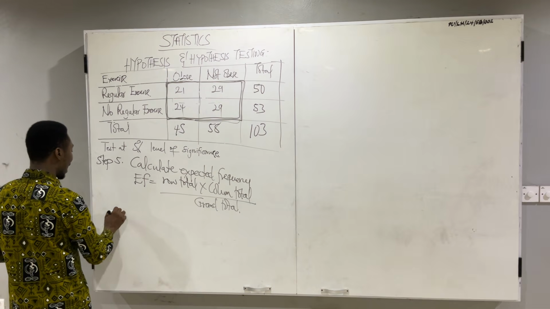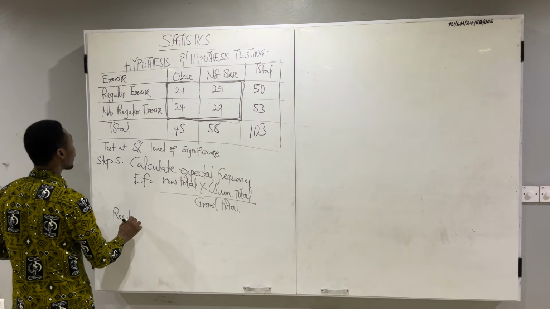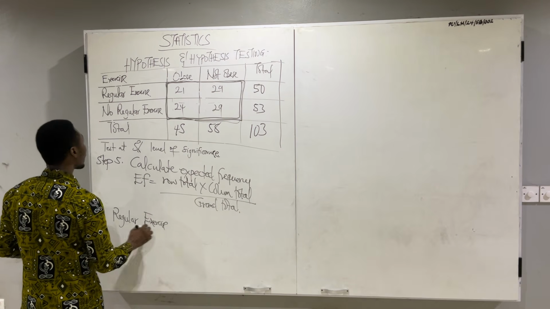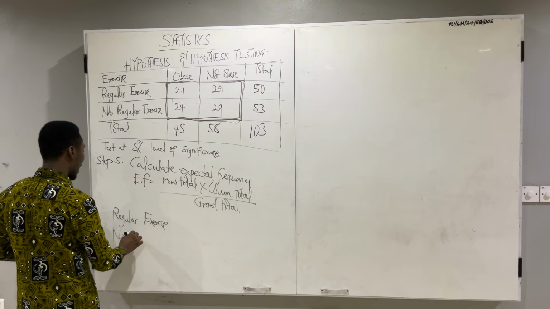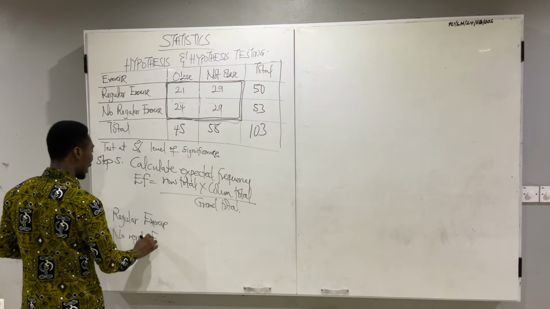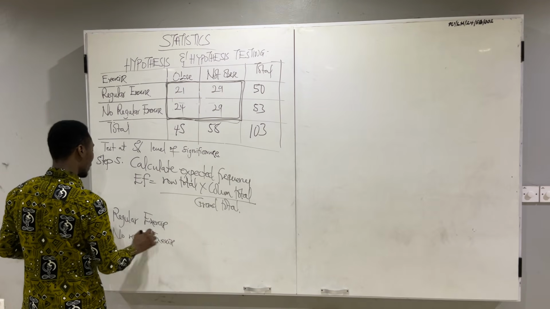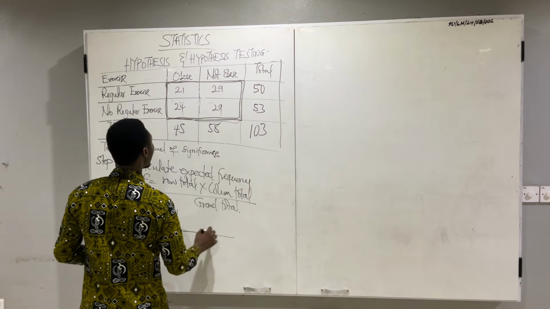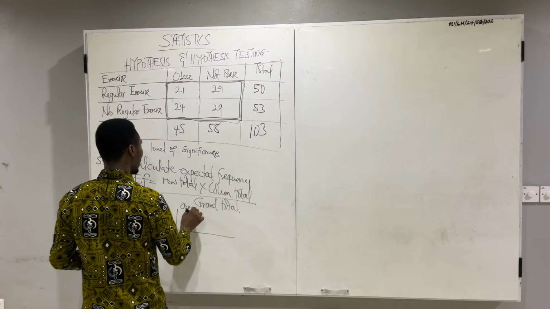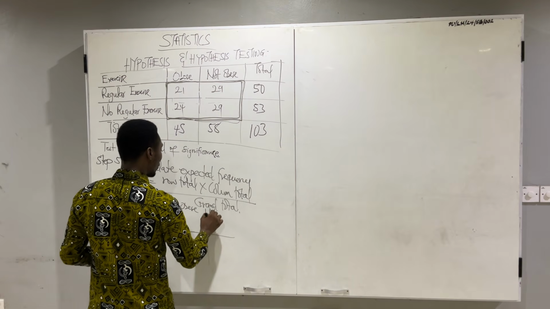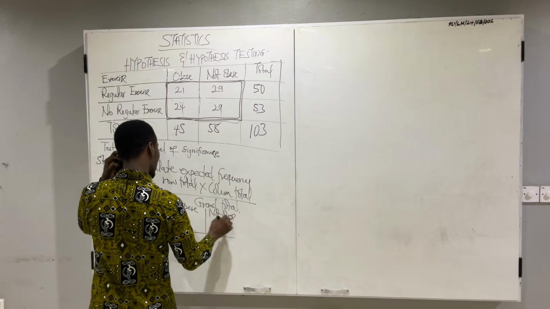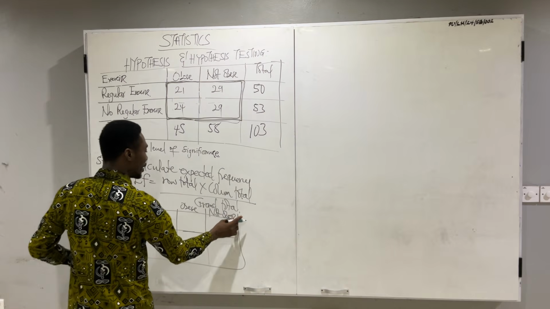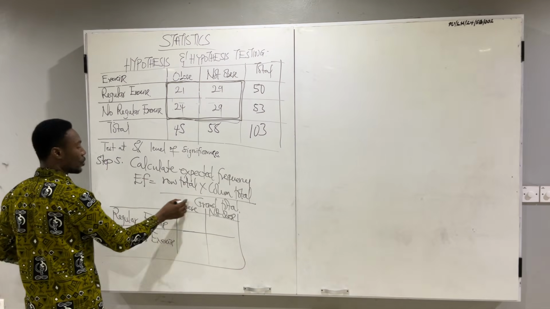We are going to have regular exercise, no regular exercise, then obese, and not obese. So you see, on this table, we've taken away all the totals.